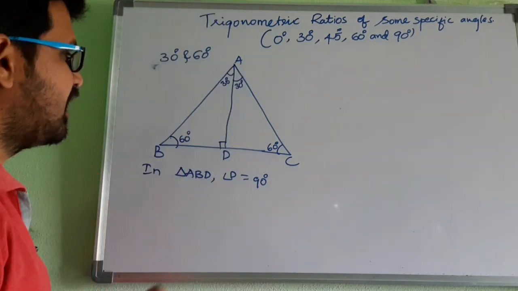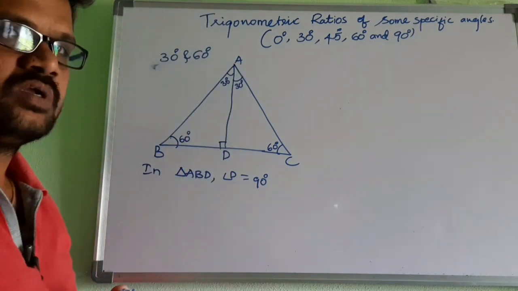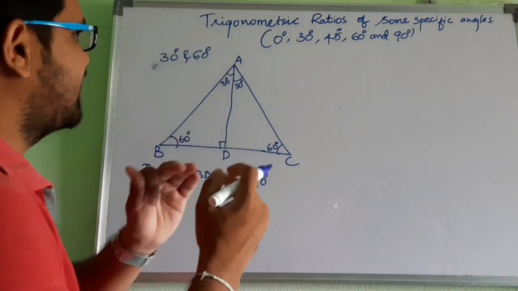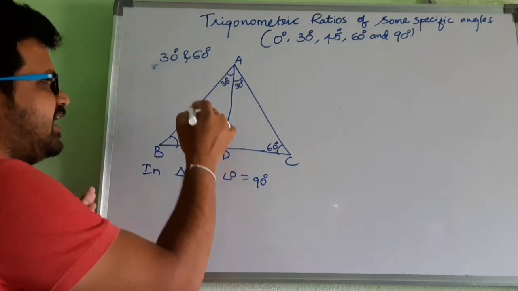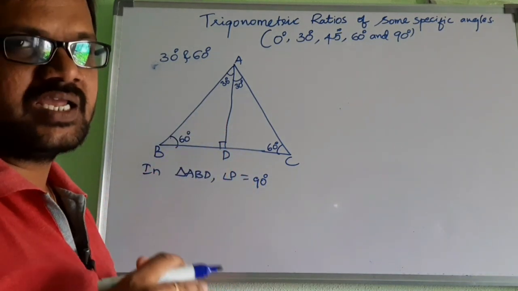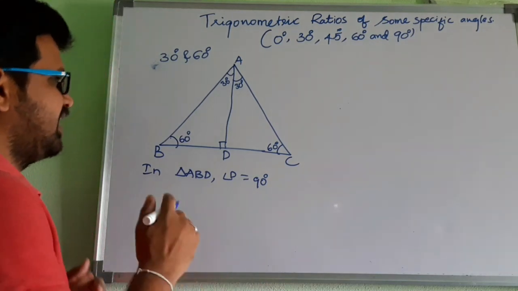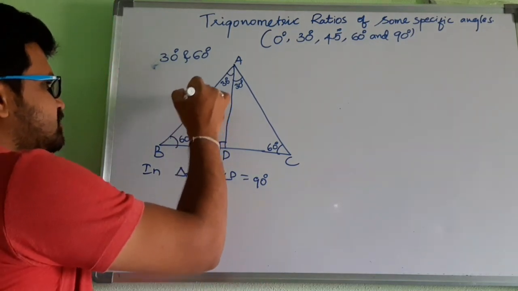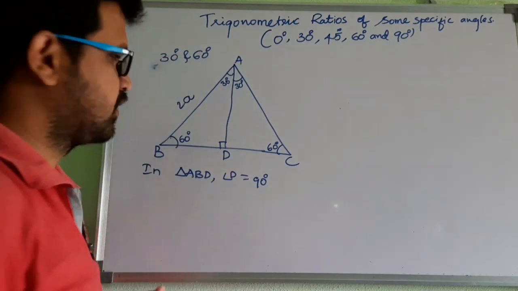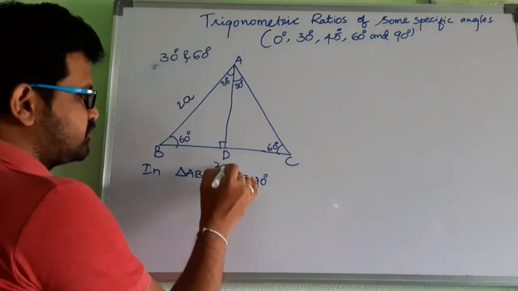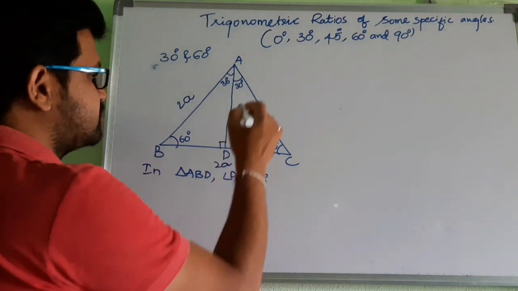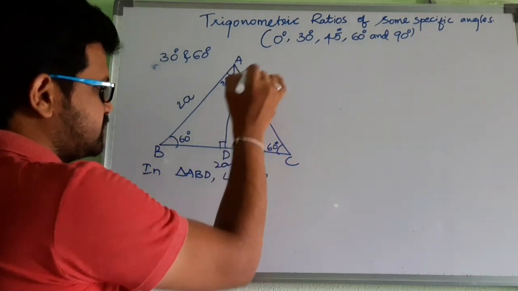How to find that? To find the value of sine, cos, tan, we need the sides. We know that in an equilateral triangle all angles and sides are equal. So let us take this as 2a. AB is 2a units, BC also 2a units, AC also 2a units.